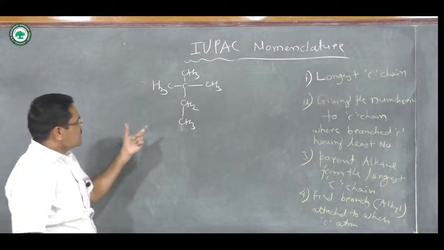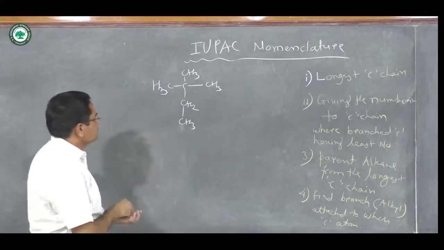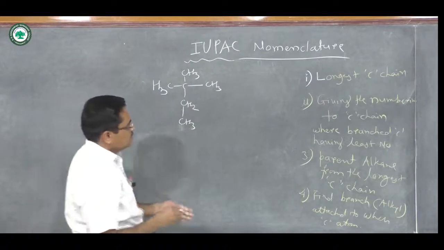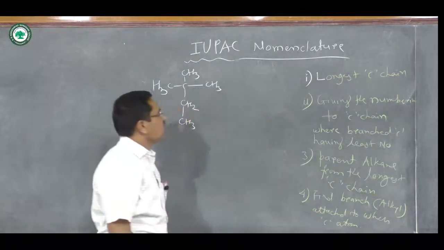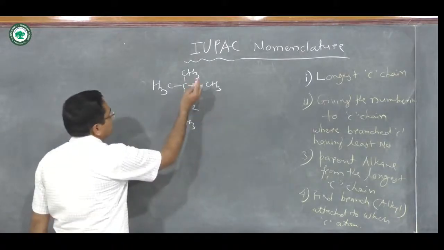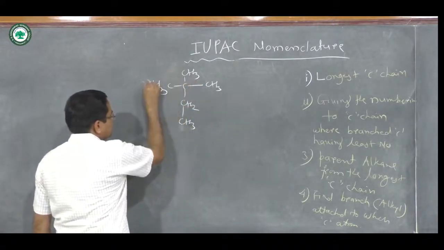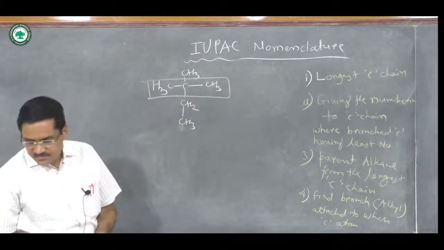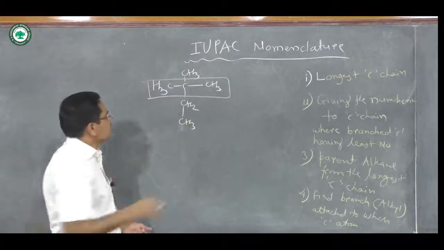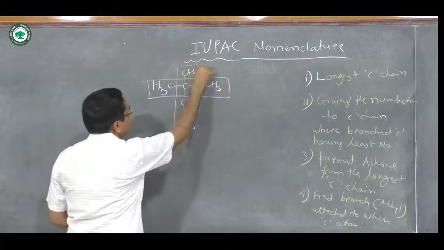Suppose there is such a type of compound and we will go through these steps. First step is finding out the longest carbon chain. Here this is one chain and this is also one of the chains.